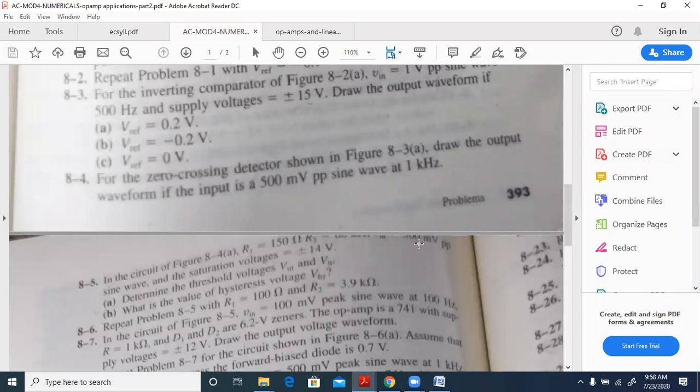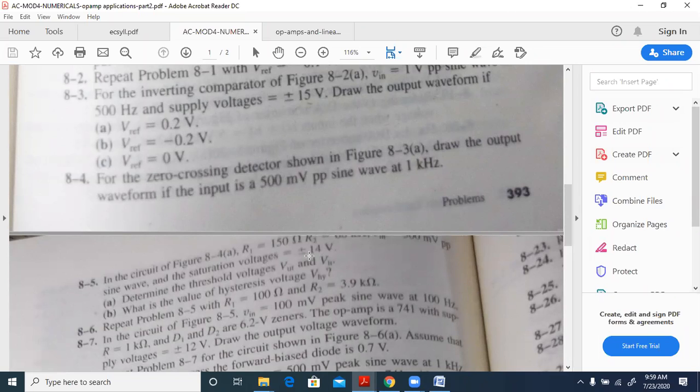V input is equal to 500 millivolts peak to peak sine wave. These things are invisible; other things are visible as they are.